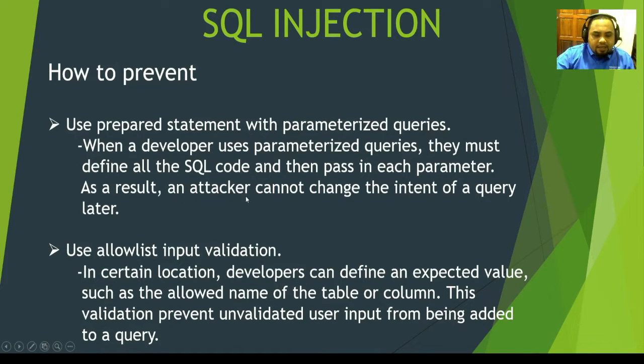As a result, an attacker cannot change the intent of the query later. We also can use allow list input validation. In certain locations, a developer can define an expected value, such as the allowed name of the table or column. This validation prevents unvalidated user input from being added to a query.